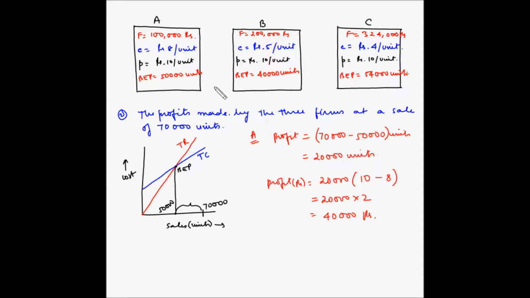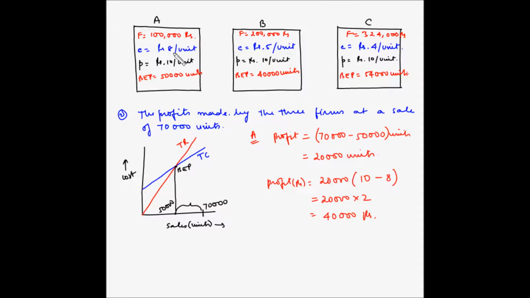So another very interesting analysis. So till the break-even point, the difference between the selling price per unit and the variable cost per unit is contributing to cover the fixed cost.